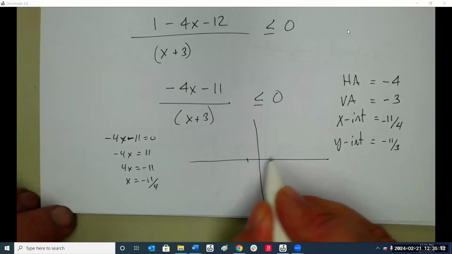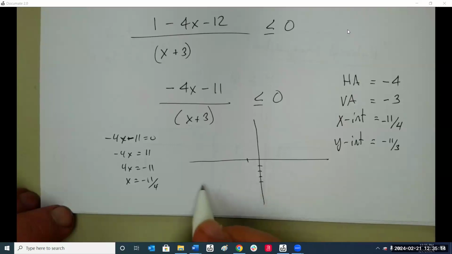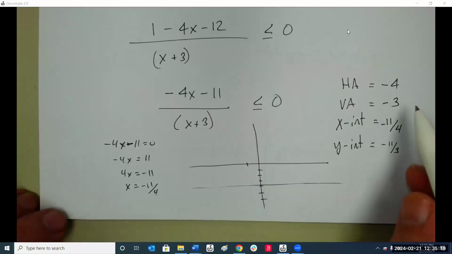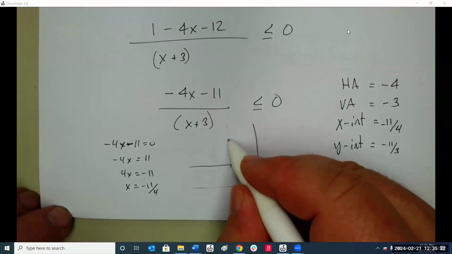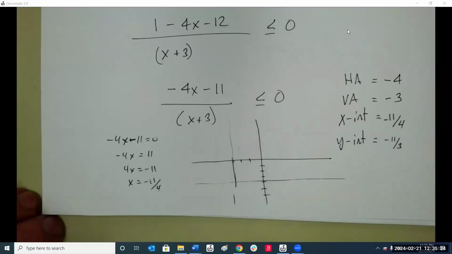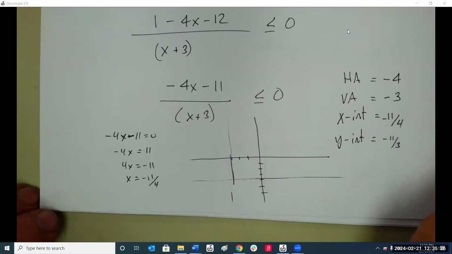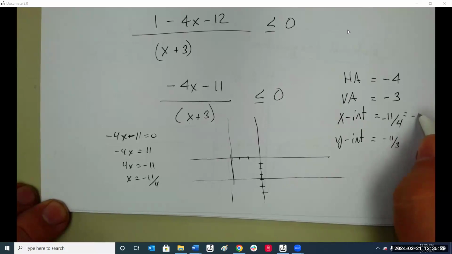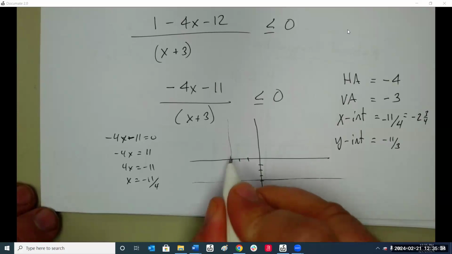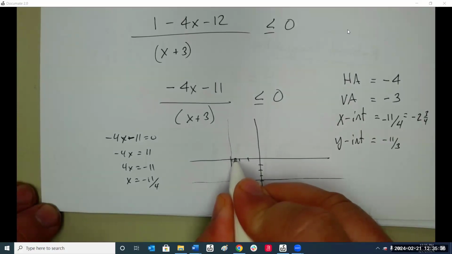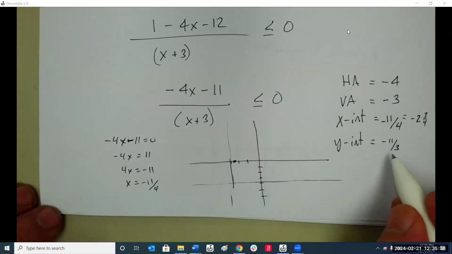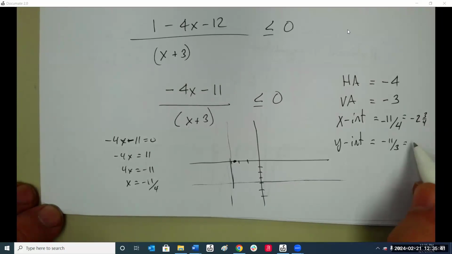So the horizontal asymptote is at negative 4. Vertical asymptote is at negative 3. X-intercept is at negative 11 over 4, which makes it negative 2 3/4. The y-intercept is negative 3 2/3.